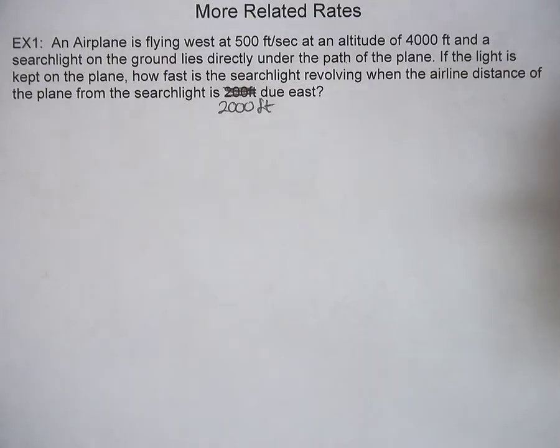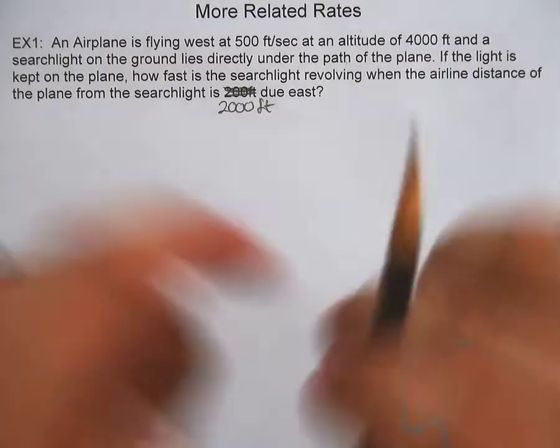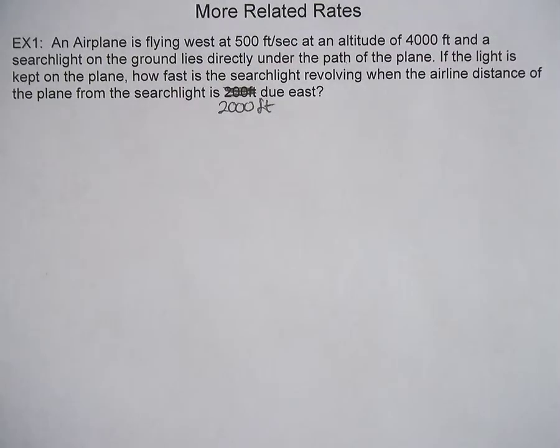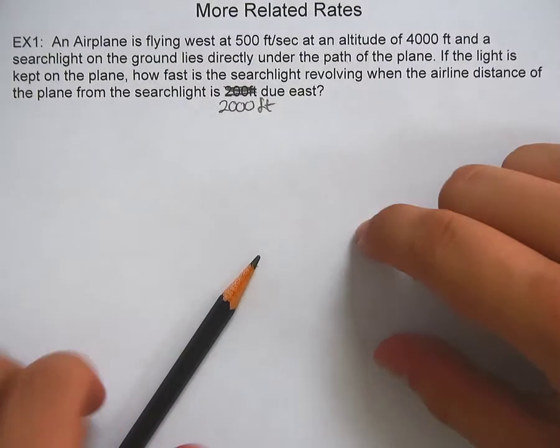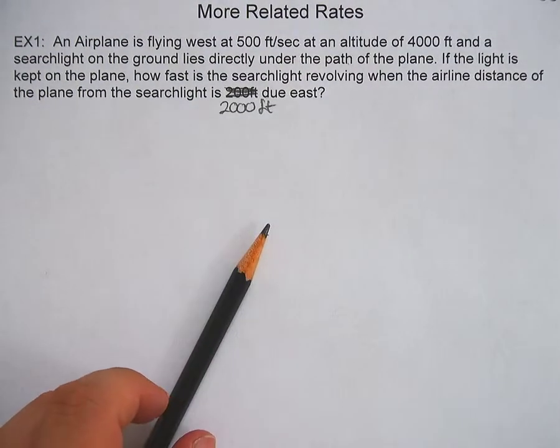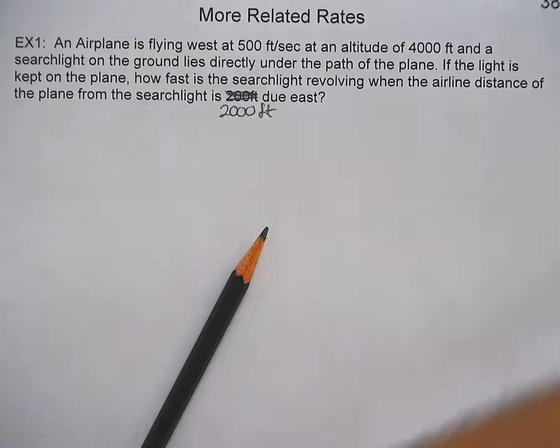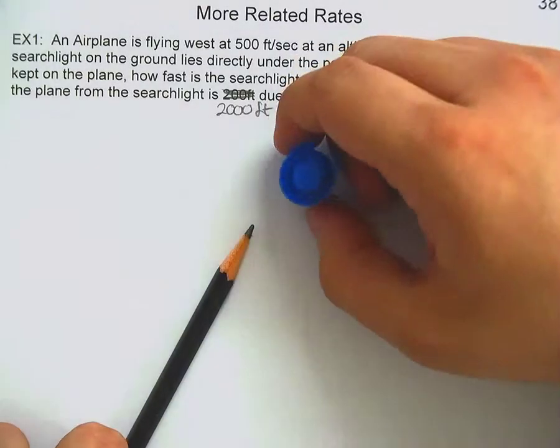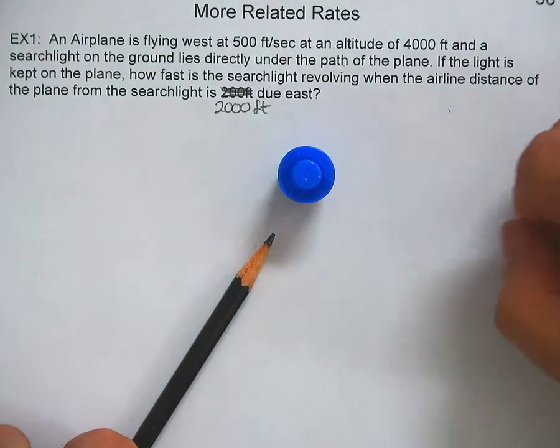So here's what I'm getting at. First, imagine this. It's a little bit small for that, but you've got a searchlight, right? Say that my pencil is the beam of the searchlight, and for lack of a better description, that's the plane.